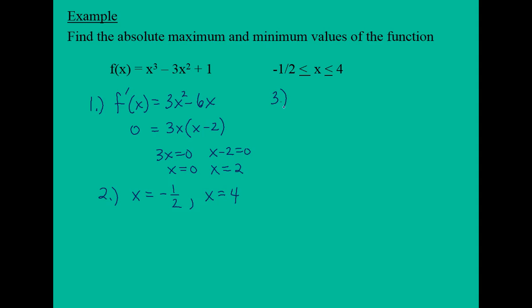Now we're going to take our critical numbers and our endpoints and plug them into the function, because we want to find the absolute maximum and minimum value of this function. So we're going to plug in, and I'll try to put these in order. f of -1/2 is an endpoint, and we have f of 0 from one of the critical numbers, f of 2 from another critical number, and then f of 4 is our other endpoint.